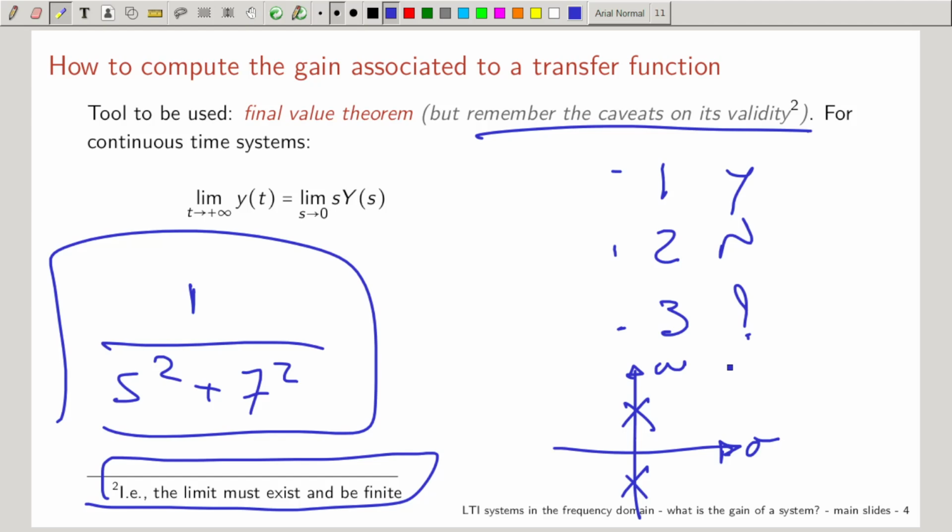What would you say, people? This one is a cosine, true? A cosine, what does it do? Oscillates forever. Does the limit exist? No. Cannot apply the final value theorem.